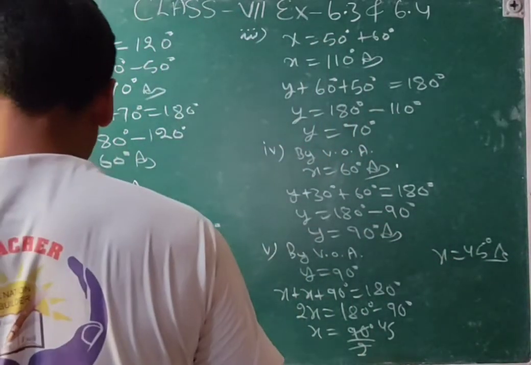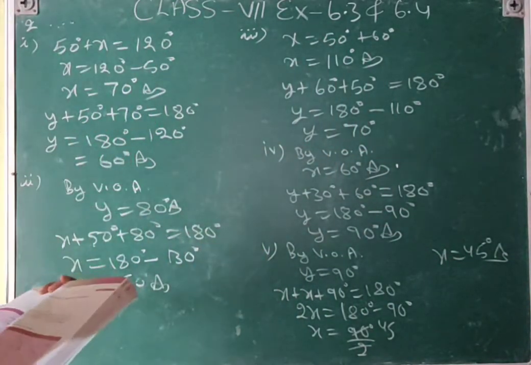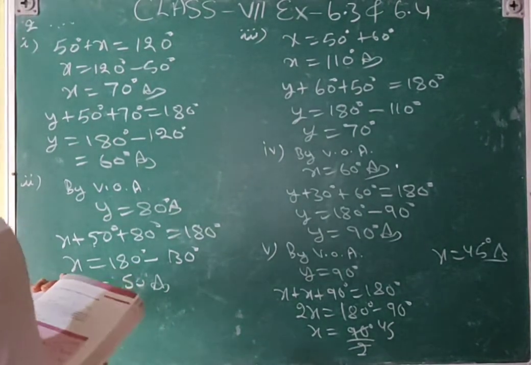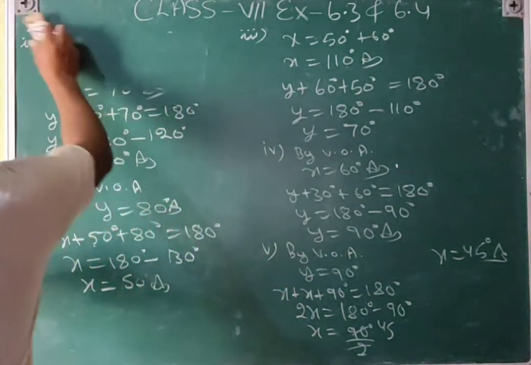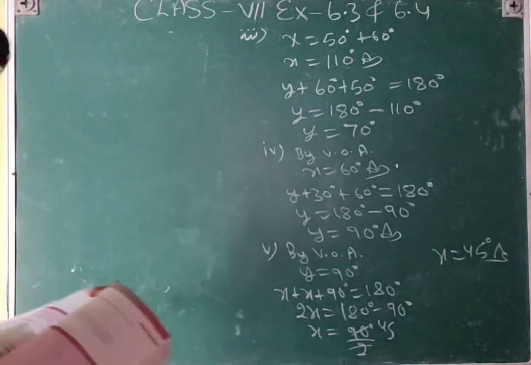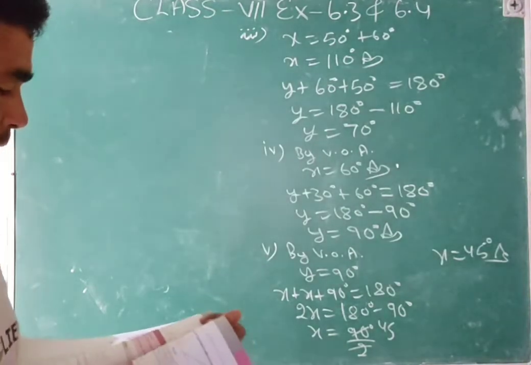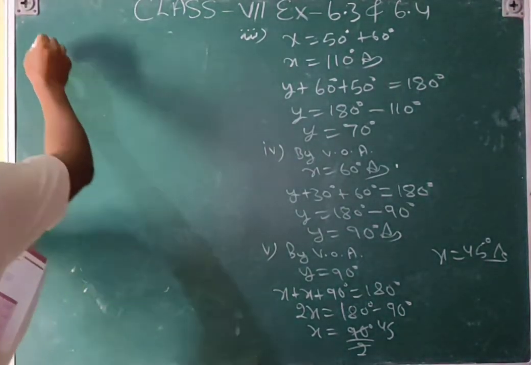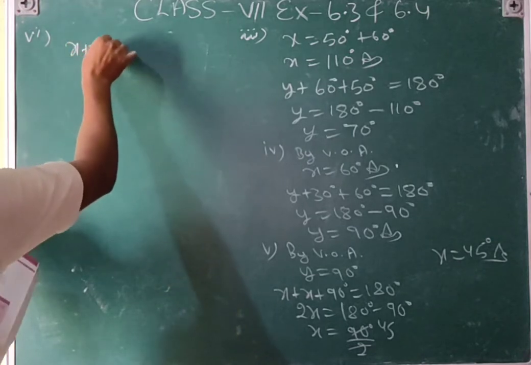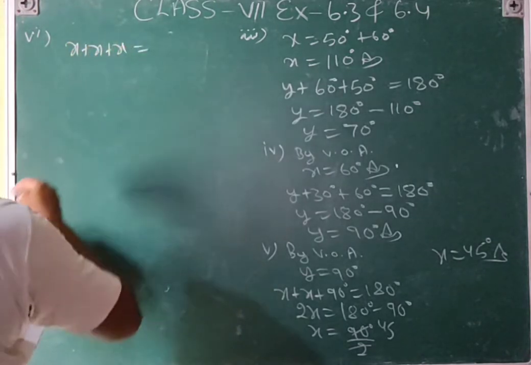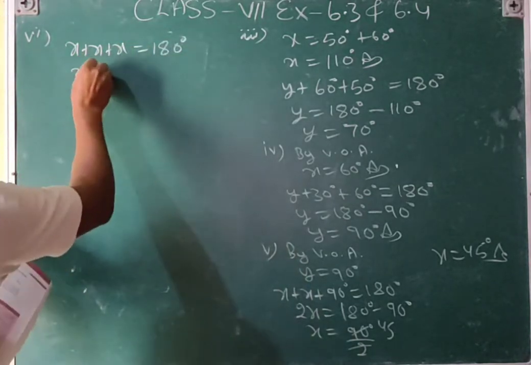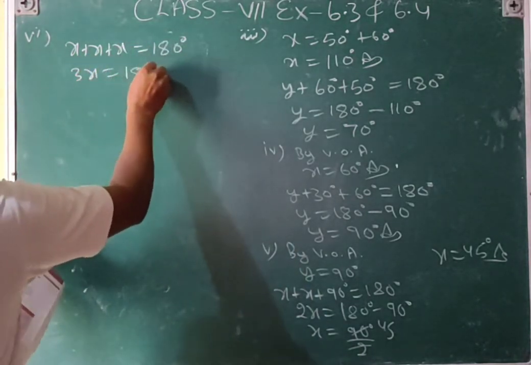And then fifth part, sorry, fifth part I have done. Sixth part: x plus x plus x is equal to 180 degree. So 3x is equal to 180 degree.